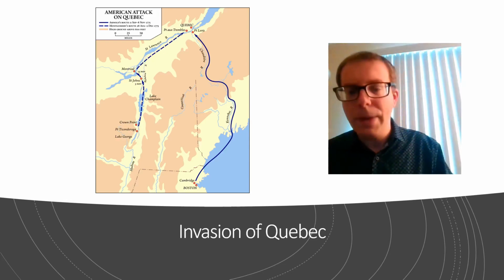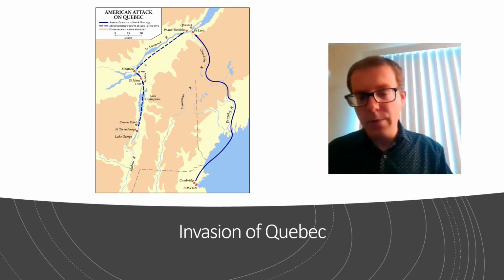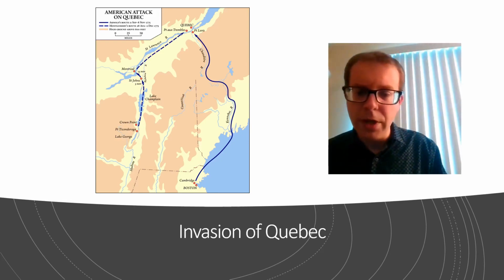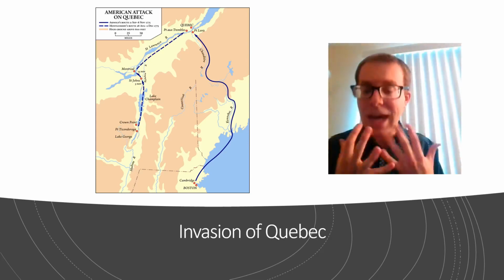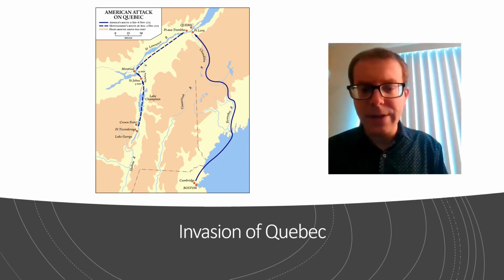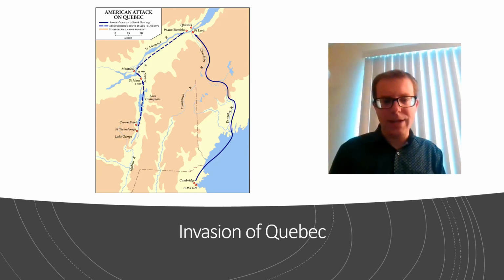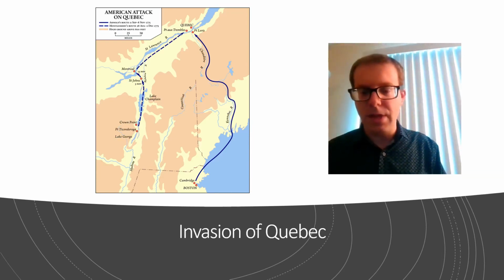And they invade Quebec. And they're able to actually take Montreal and a few other small settlements in the southern part of the St. Lawrence River. But then they attack Quebec City, which at the time was the capital of Quebec and the main area of settlement. And their attack on Quebec at the beginning of winter just fails pretty miserably.